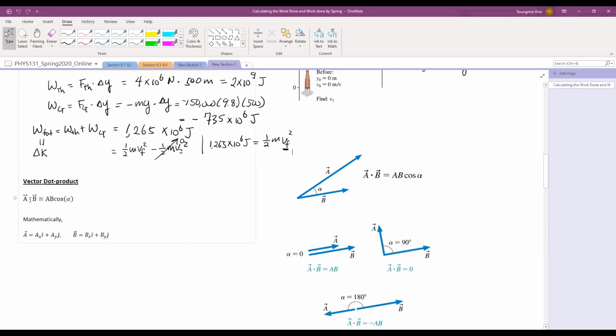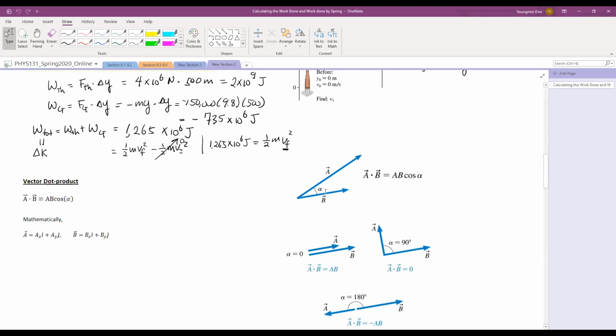It's an operation defined that, take a look at this figure here, if you have two arbitrary vectors, and you put their starting points together, they will have some arbitrary angle alpha. This alpha could be any angle from 0 to 360 degrees.